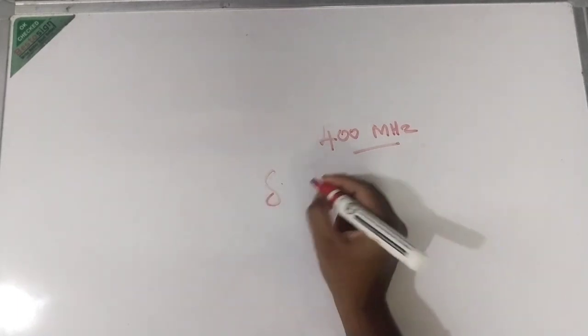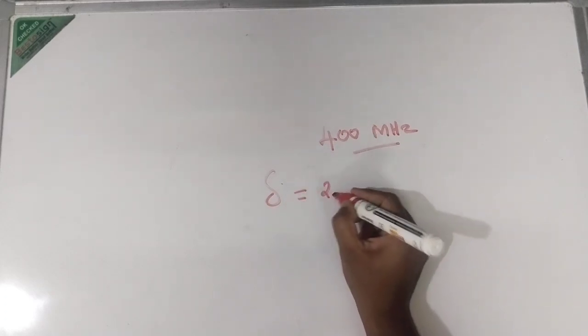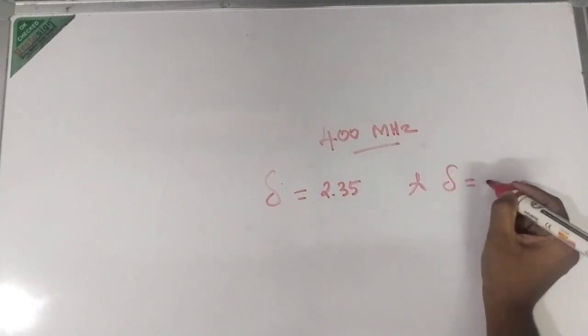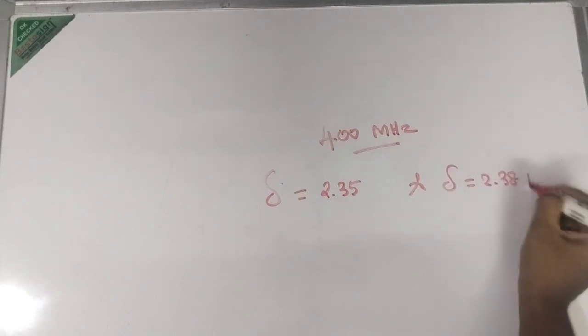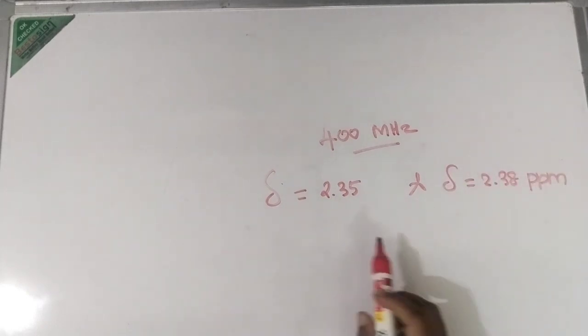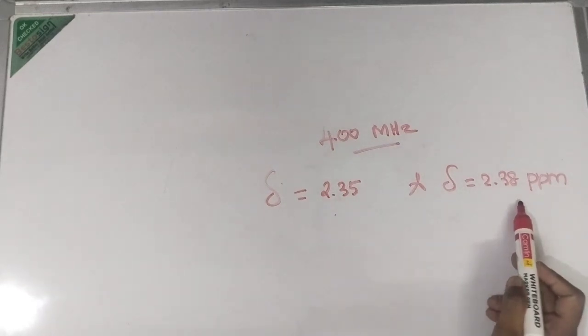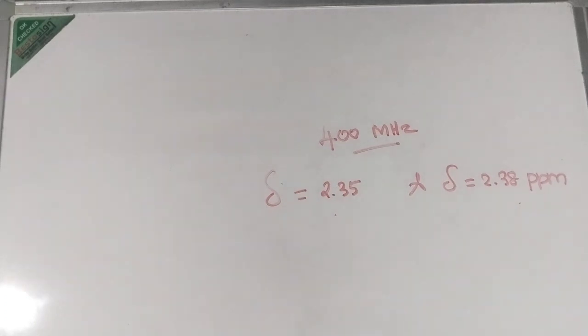The two lines of the doublet are at delta equal to 2.35 and delta equal to 2.38 ppm. What will be the coupling constant?